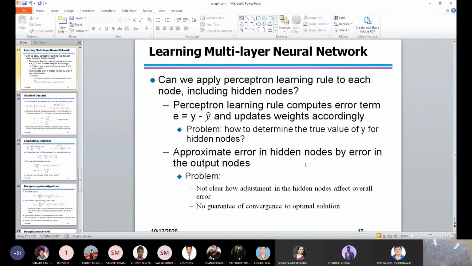How to determine the true value of y for the hidden layer? Hidden nodes may be far away from the output node. So it is really very difficult to fix how much responsibility a particular node has for a particular output. And there is no guarantee that it will be optimized. Therefore, there is a technique called gradient descent.